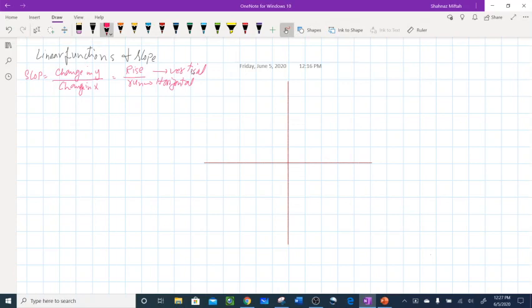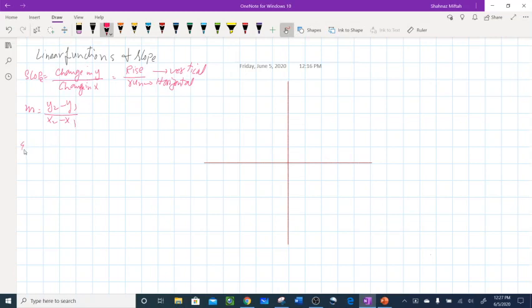Now, there is another way to find slope. It is a formula. We know slope, m means slope, y2 minus y1 over x2 minus x1.